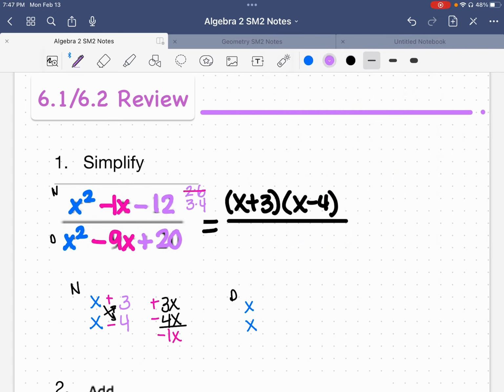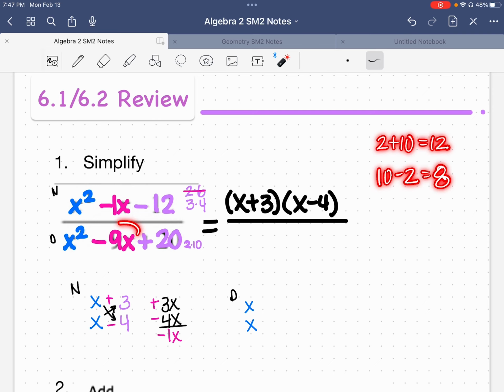The first thing that came to my mind was 2 times 10. I know that 2 and 10 are not going to work, because 2 plus 10 is 12 and 10 minus 2 is 8. That's close, but not close enough. 8 and 9 are not equal. So I have to think of something else.